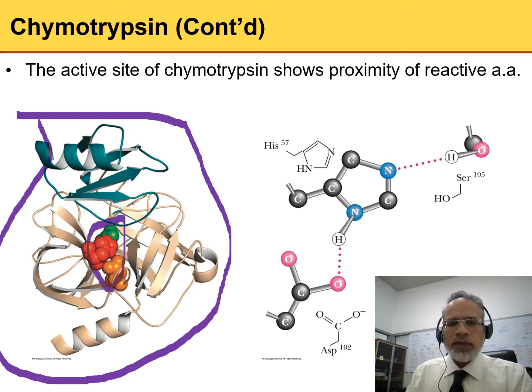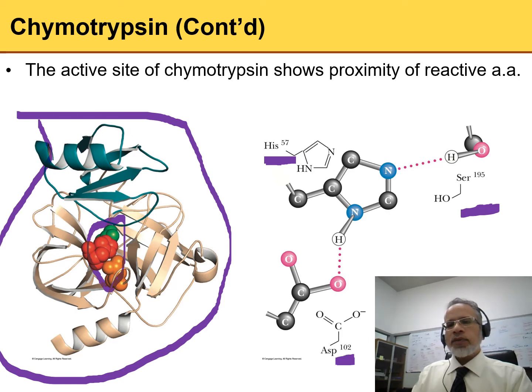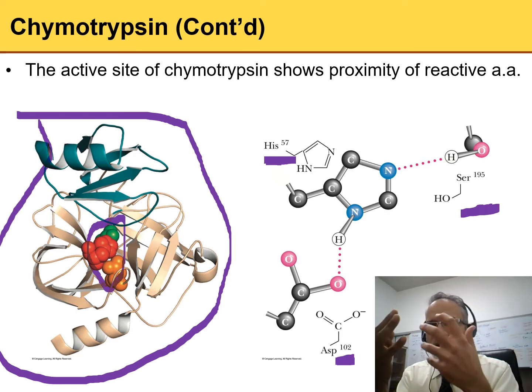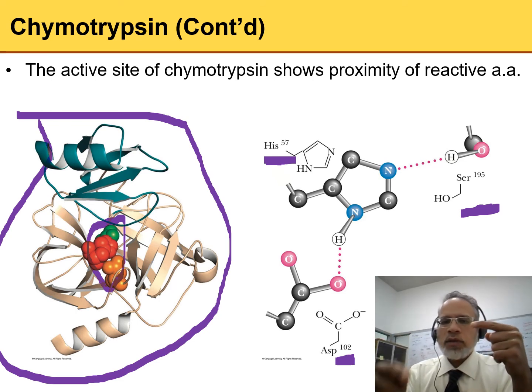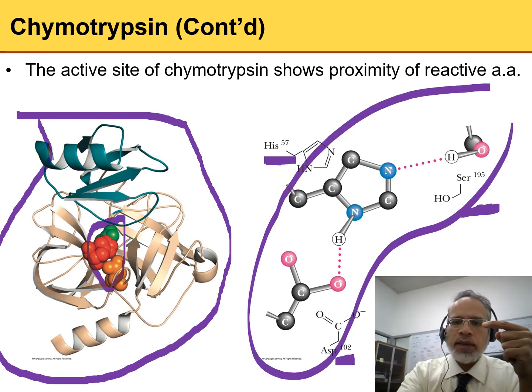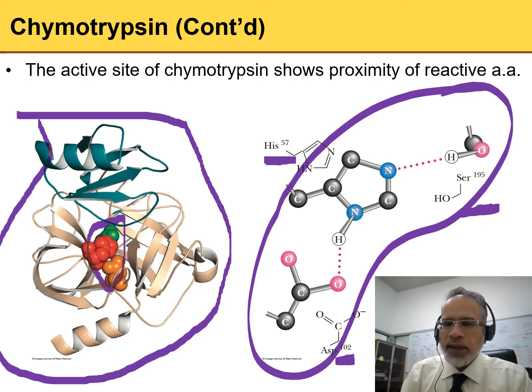And if you look at the active site, you find that you have serine, as we thought you would have. You have histidine, and then you have aspartate. And you find that those three amino acids are very close to each other, and they are almost in a straight line. And that was really the interesting thing that they found about this. Okay, so histidine is important. Serine is important.